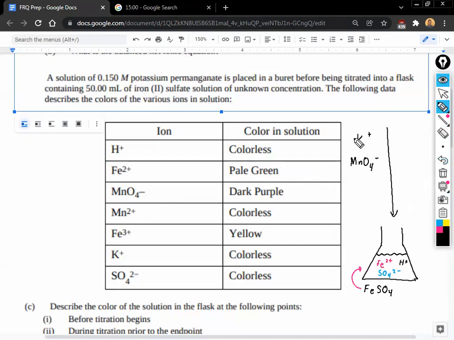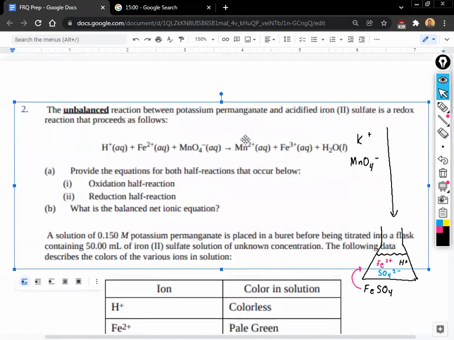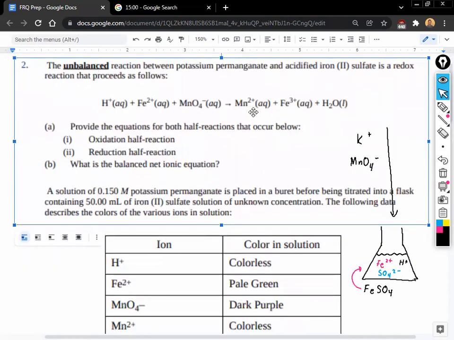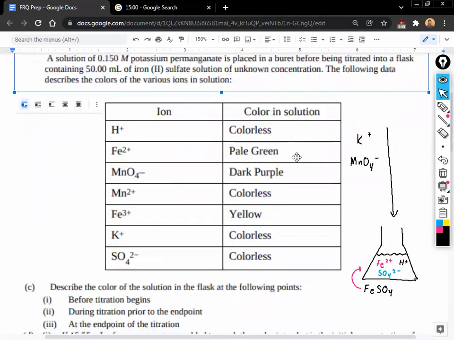When you put KMnO4 into this flask, the reaction is going to start, and we're going to start seeing some of these products being formed. So during titration, before the endpoint, we're going to see KMnO4 reacting with FeSO4.